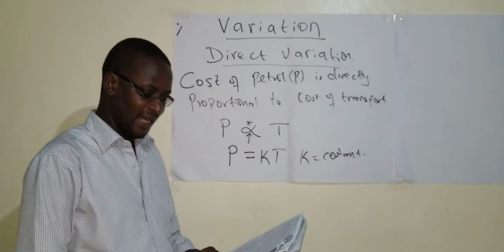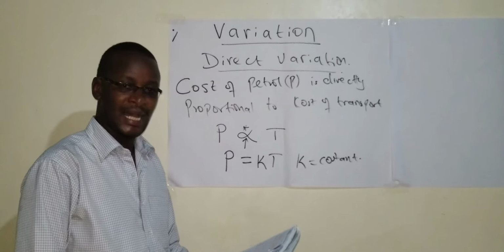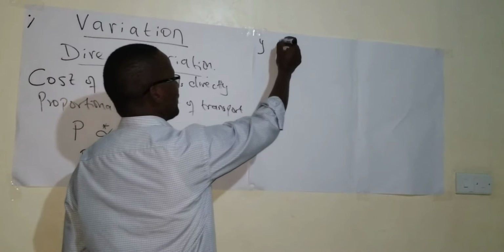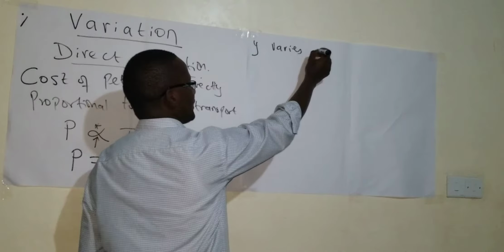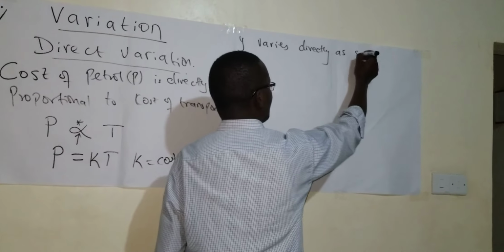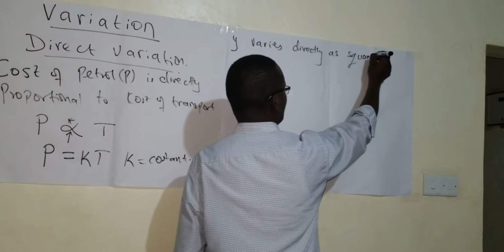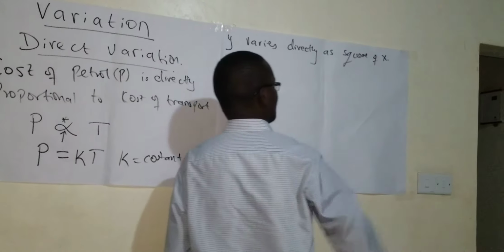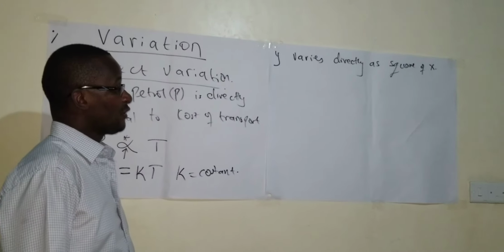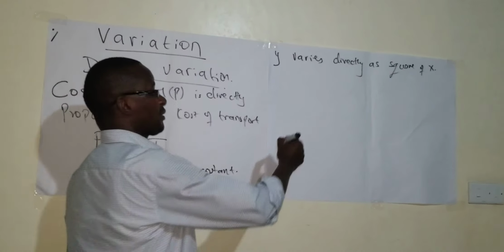You're told y varies directly as the square of x. So you need to form an equation. First of all, we start with the proportionality sign.